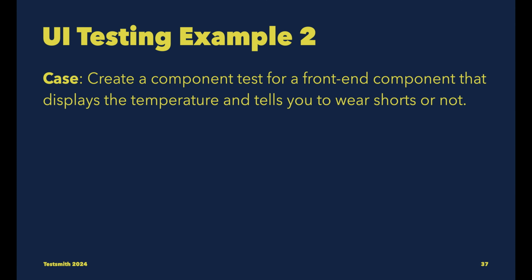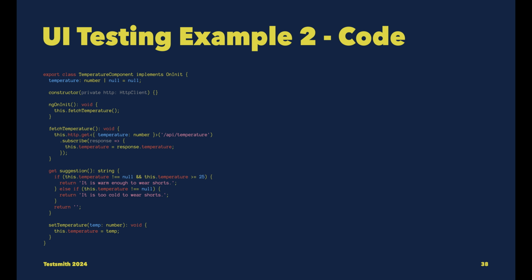Let's take a look at a different kind of front-end test, an Angular component test. This test doesn't communicate with the backend, but it will test different messages based on different temperatures. The temperature component class in Angular fetches the current temperature from an API upon initialization and stores it in the temperature property, providing a suggestion on whether it is warm enough to wear shorts based on the temperature.